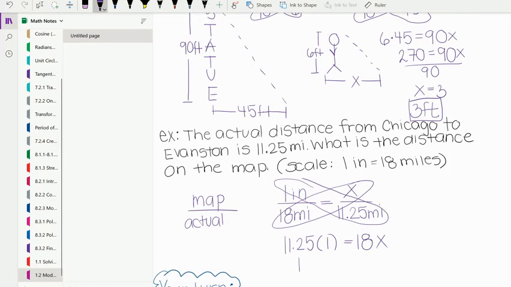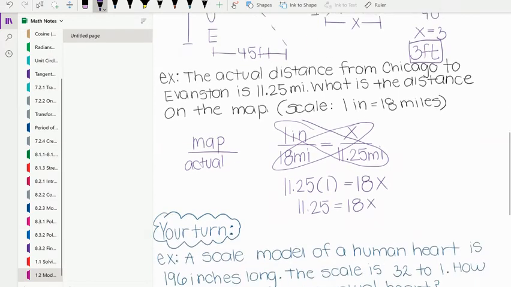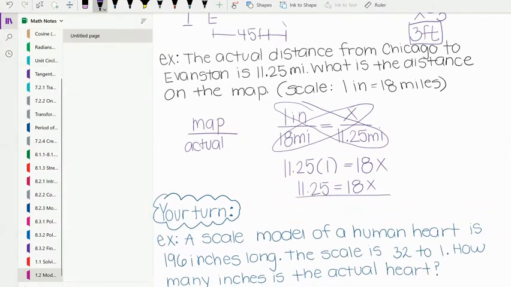So that's just 11.25 equals 18x. Then in order to get x by itself, we want to divide by 18. So x equals 0.625. And in this case, it's 0.625 inches.